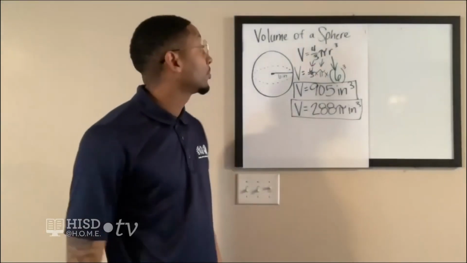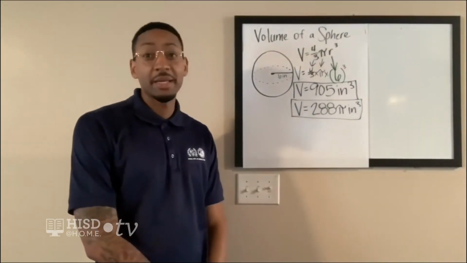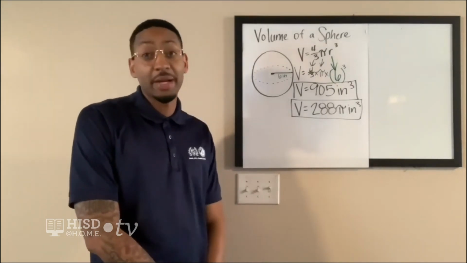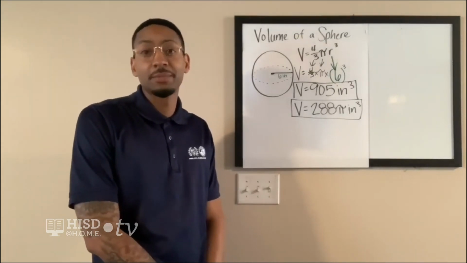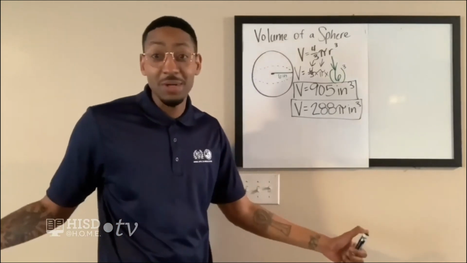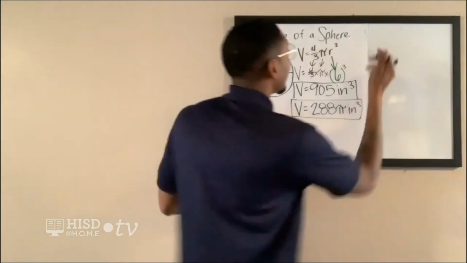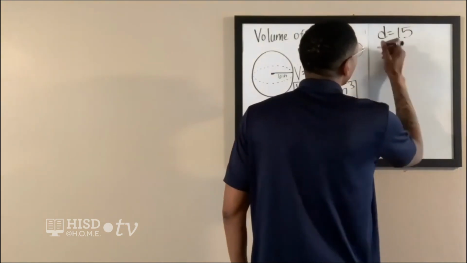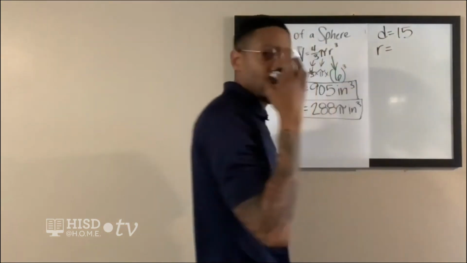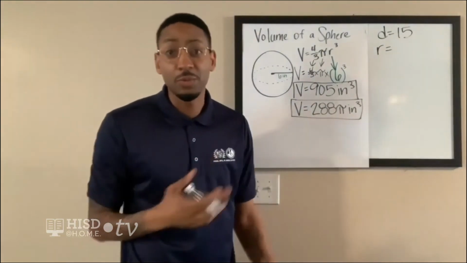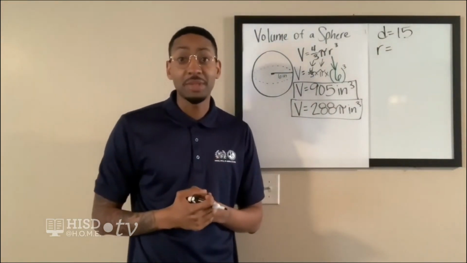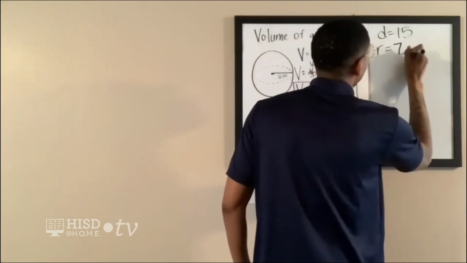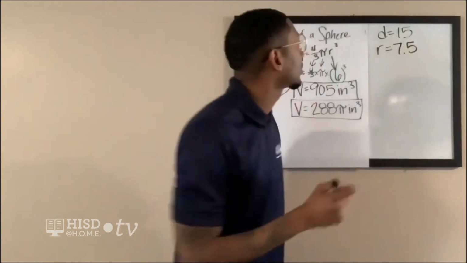All right, so with that being said, what was the important information that was given? Were we given the radius or were we given the diameter? Diameter once again. So if our diameter equals 15, that means our radius is, that's a tough one. Well, 15 divided by 2 is 7 5/10. Is that correct?